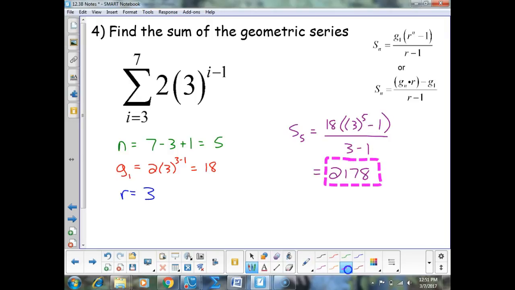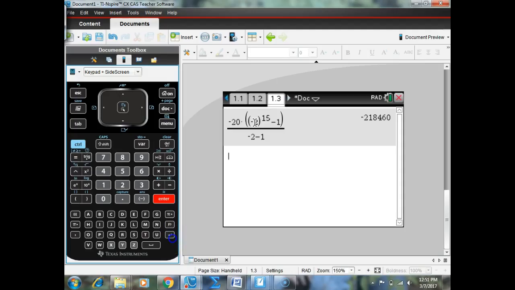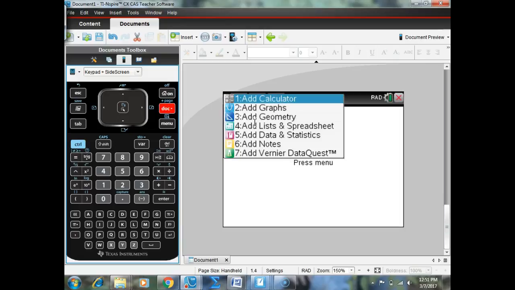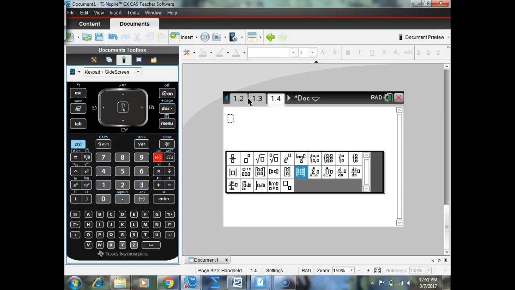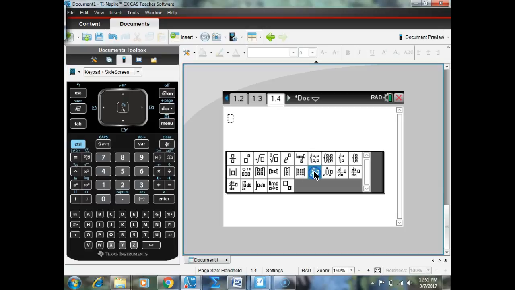Time for our assignment. Hold on. Let me show you something special on the graphing calculator. Here's a great way to check your work. In the shortcut, on the Inspire calculators, there is this wonderful shortcut key.